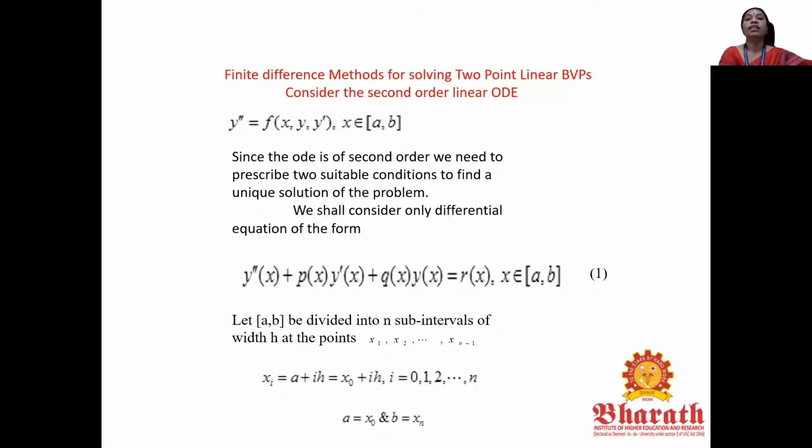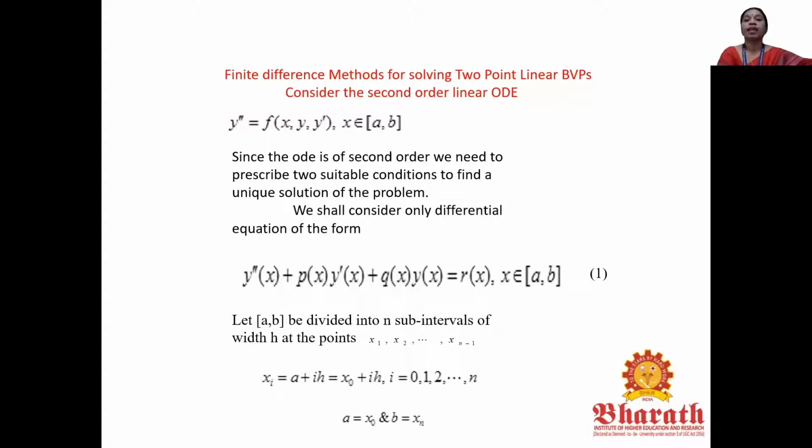Now we are dividing the closed interval [a, b] into n subintervals with step size h at the points x1, x2, etc., xn-1. So xi is equal to a + ih, that is equal to x0 + ih, where i varies from 0, 1, 2, etc. to n. Here a is the initial value x0 and b is the last value xn.